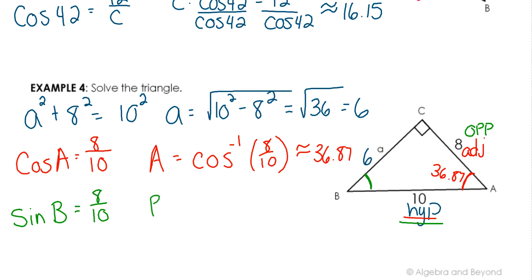So I'm going to do my inverse trig operation here and find the inverse sine of 8 over 10. And when I type that into my calculator, inverse sine of 8 over 10, I get about 53.13 degrees.